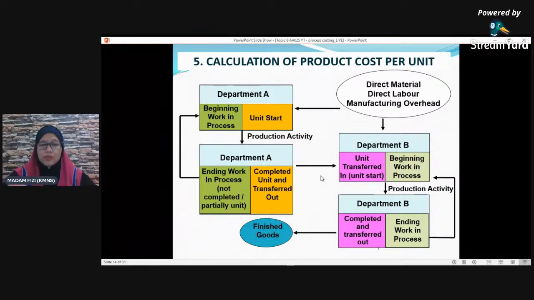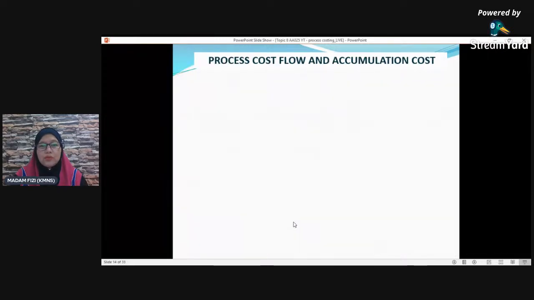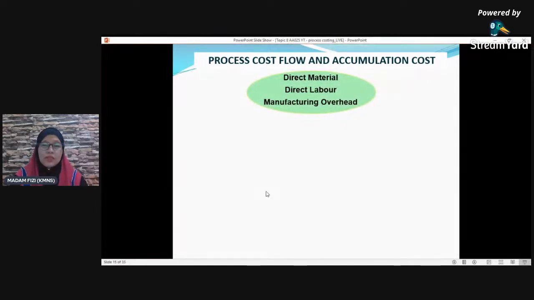Finished goods. So boleh faham ya? The process. Dah 2-3 kali ulang benda yang sama. Now kita nak tengok the process cost flow and the accumulation cost. As usual, we start with direct material, direct labor and manufacturing overhead. Before that ada apa-apa pertanyaan?